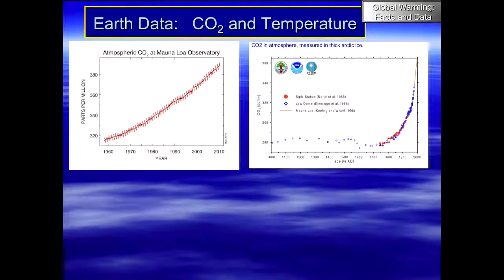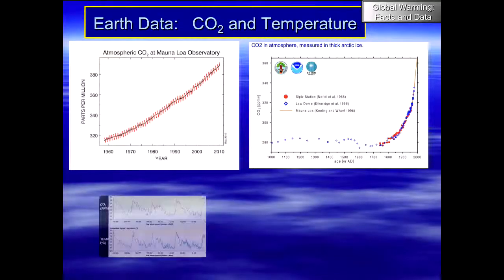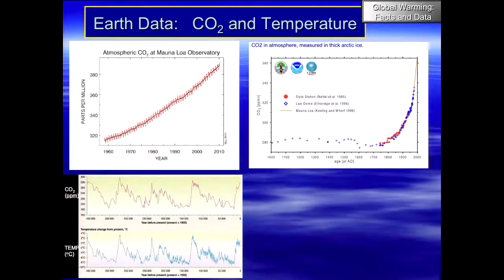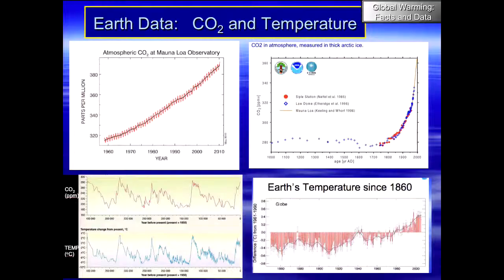And here is the carbon dioxide going back to the year 1000. And then again, to summarize, there's carbon dioxide and temperature, and you can see the correlation. And then the temperature, of course, itself has been rising. So this is just a summary of data. Anybody can make these measurements.